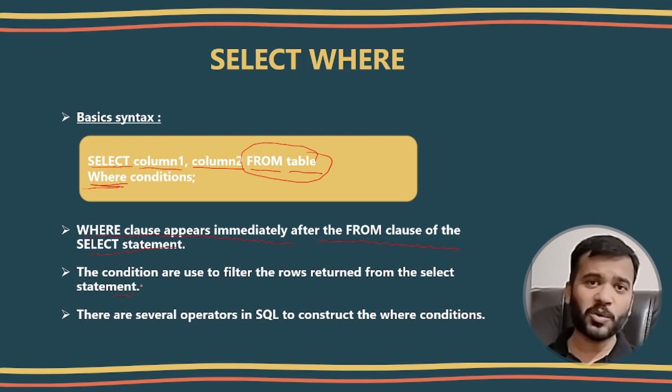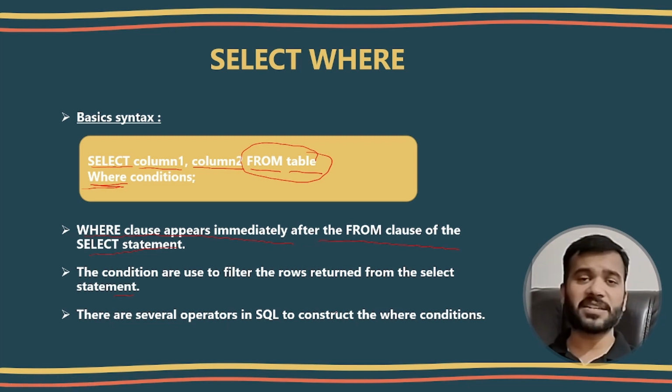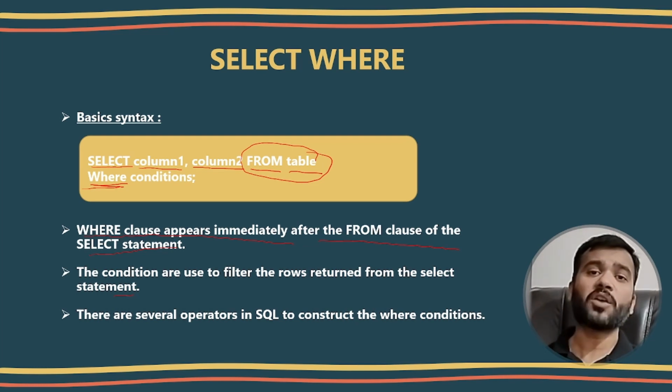I have already told you, when you need filtered data in your table, you are going to use where conditions. There are several operators in SQL to construct where conditions. There are a lot more conditions which you can apply along with the where. Let's see what they are.